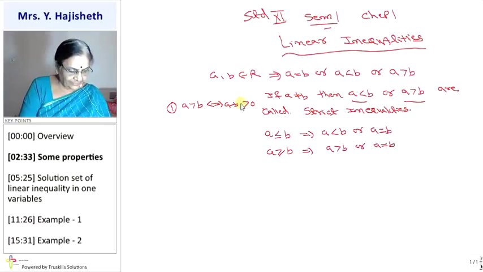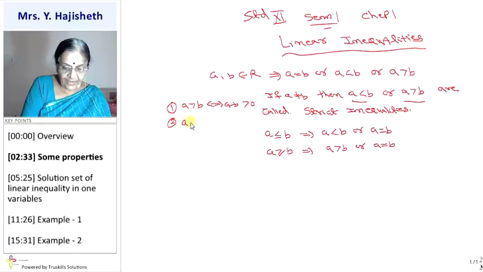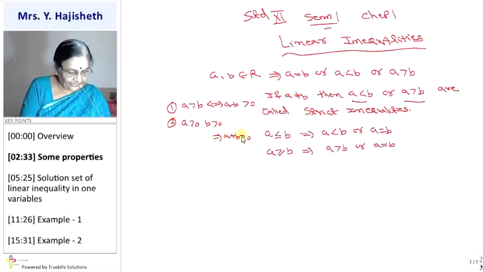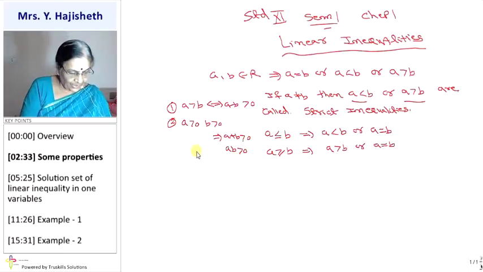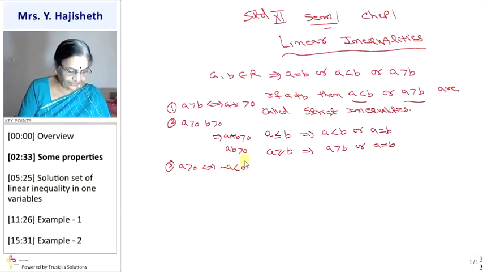Second property they have given, A greater than 0, B greater than 0, that implies A plus B greater than 0, and AB is also greater than 0. These are the properties you have to keep in your mind. A greater than 0 if and only if minus A less than 0. Clear?